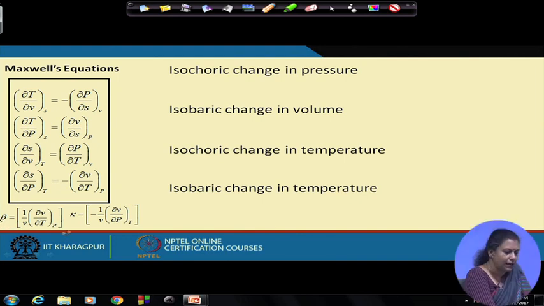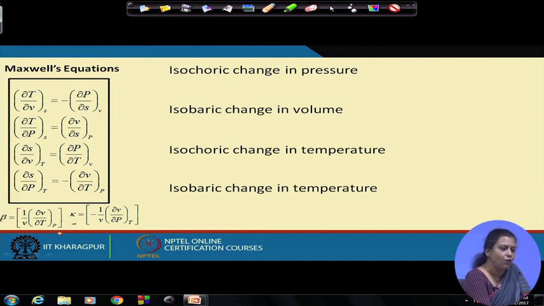Among the measurable properties, the common ones, as we all know, are pressure, volume, temperature, out of which pressure and temperature are most easily measured and most easily controlled. Along with that, we also know that beta and kappa, the coefficient of isothermal compressibility and the coefficient of thermal expansivity, can also be measured.